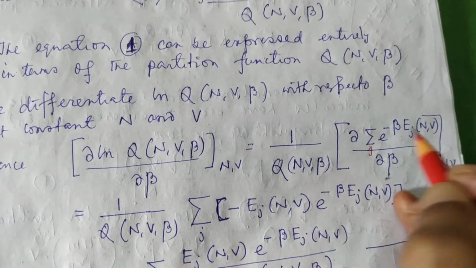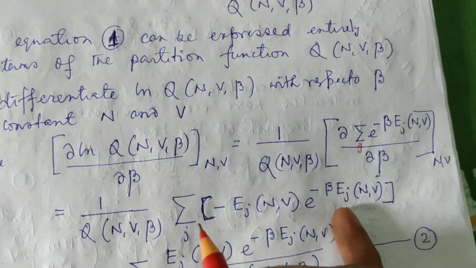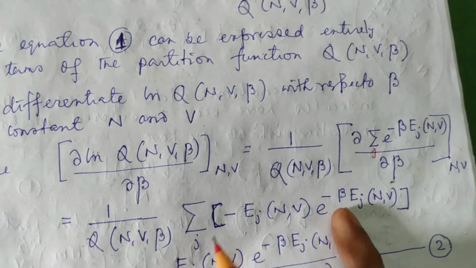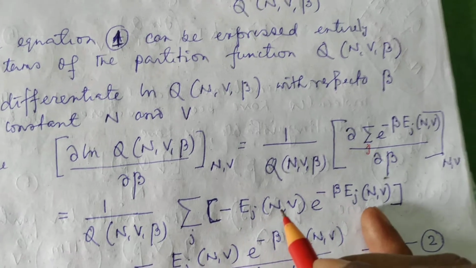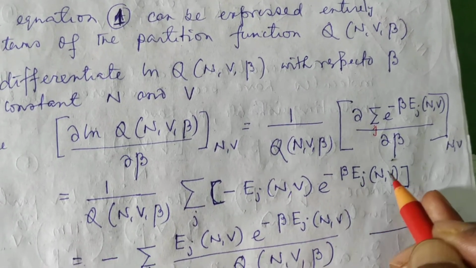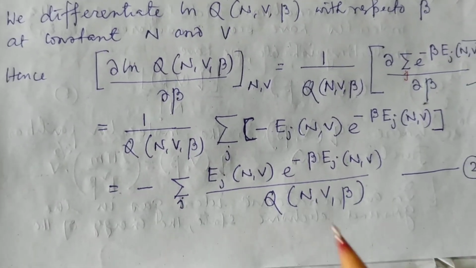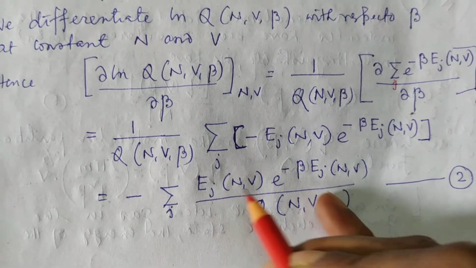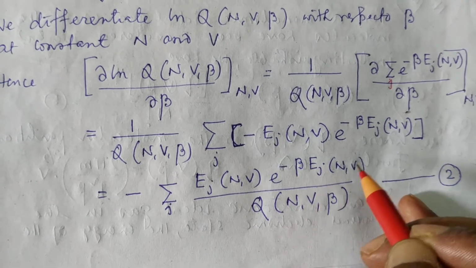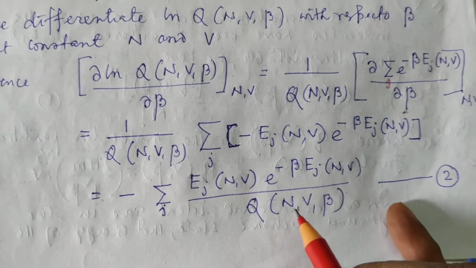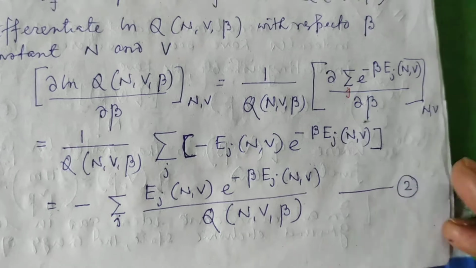If we differentiate, this gives the sum over j of minus Ej(N,V) e to the power minus beta Ej(N,V), so this equals minus the sum over j of Ej(N,V) e to the power minus beta Ej(N,V) divided by Q(N,V,beta). This is equation number 2.